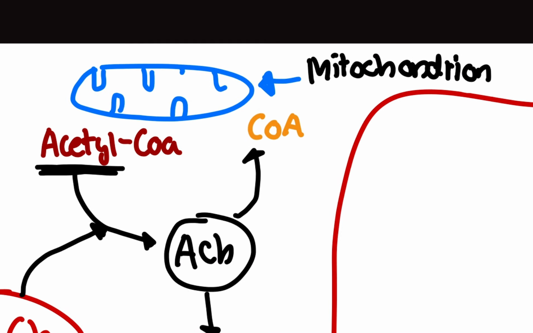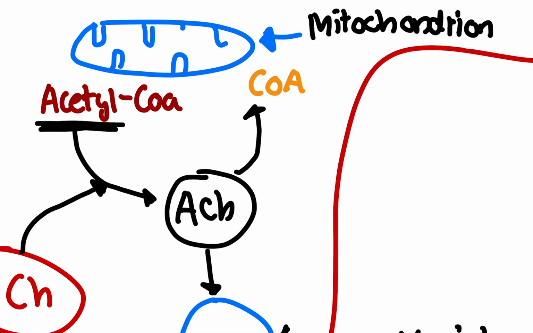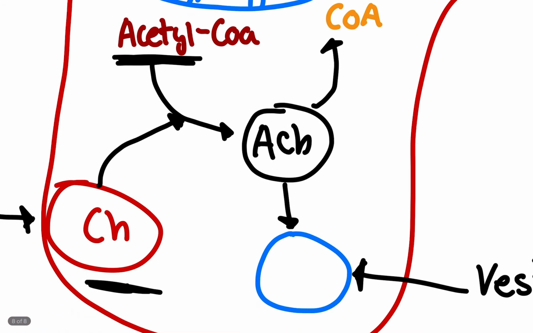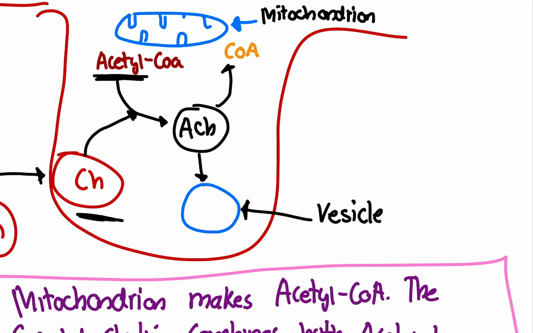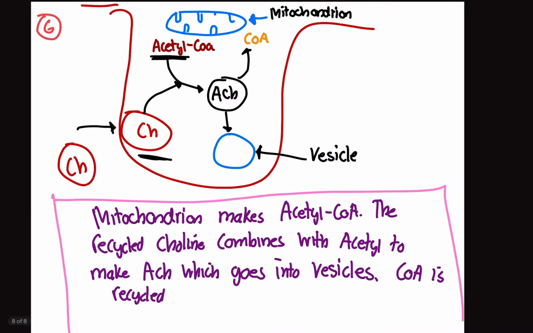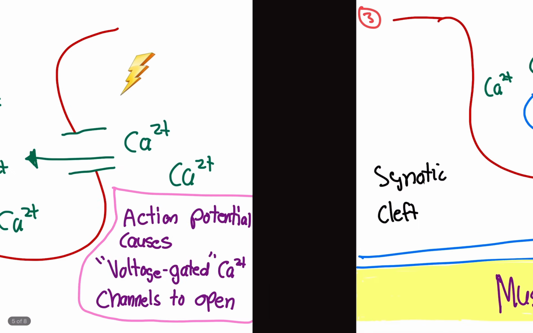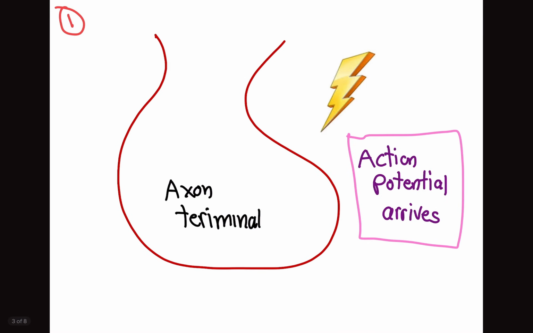The CoA, or coenzyme A, that's what it stands for, literally goes back in the mitochondria to be recycled. We don't use it. All it is used for is to transport this acetyl molecule to the choline. And the acetylcholine just goes back into the vesicles, a freshly made new vesicle, and that's it. And then we're back to basically step one.